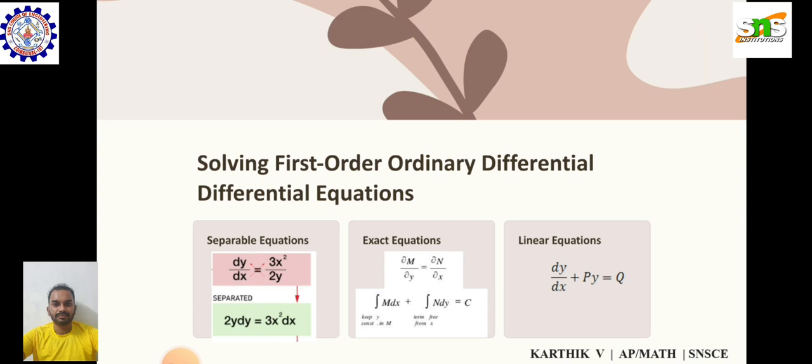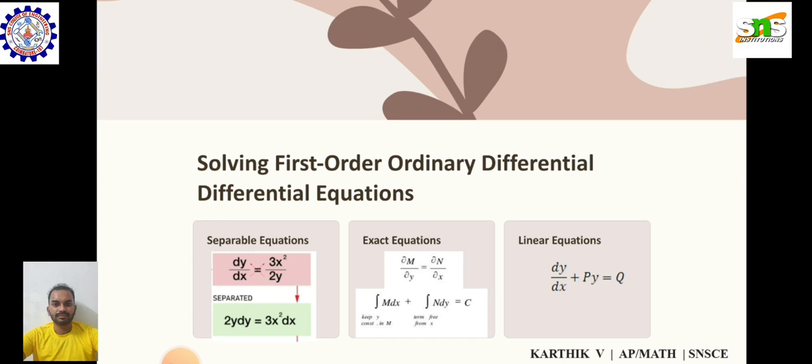Solving first order ODEs. First one is separable equations. Separation of variables is a technique used to solve certain types of first order ODEs. It involves rearranging the equation so that all terms involving the dependent variable are on one side and the other terms are on the right side.